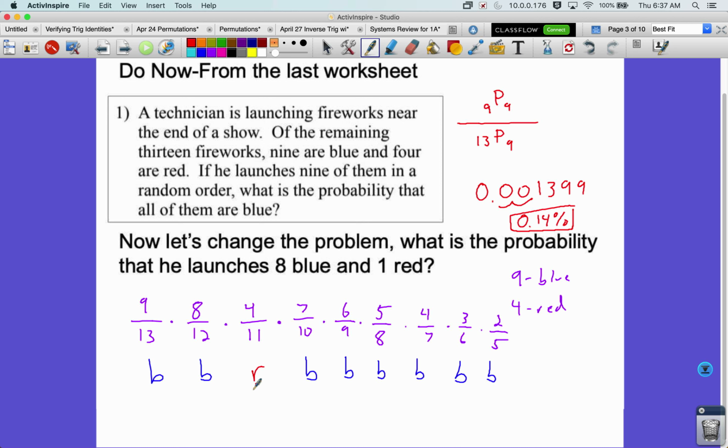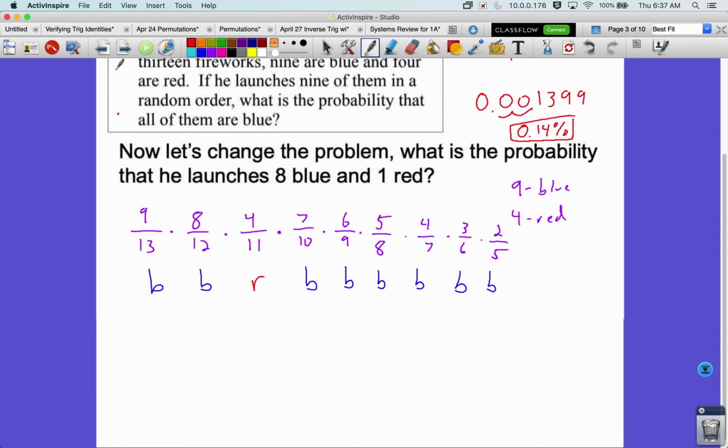All right, but what if that red happened earlier? Then that would have been like a 4 in 13 chance. And then we would have resumed 9 in 12, and so on. All of the numbers that are on top would still be on top. They would just be in a different order. And all of the numbers on the bottom would still be there in the same order: 13, 12, 11, 10, 9, 8, 7, 6, 5.